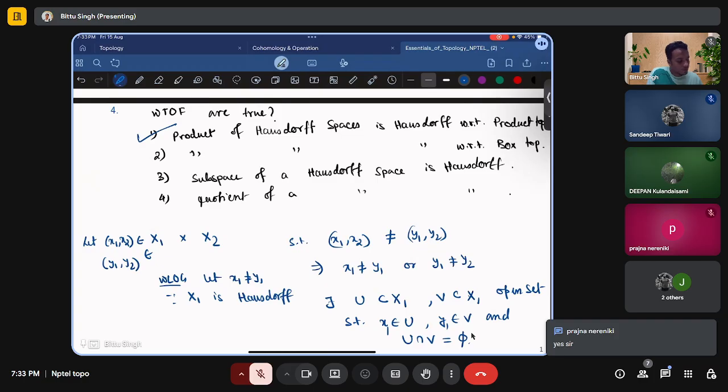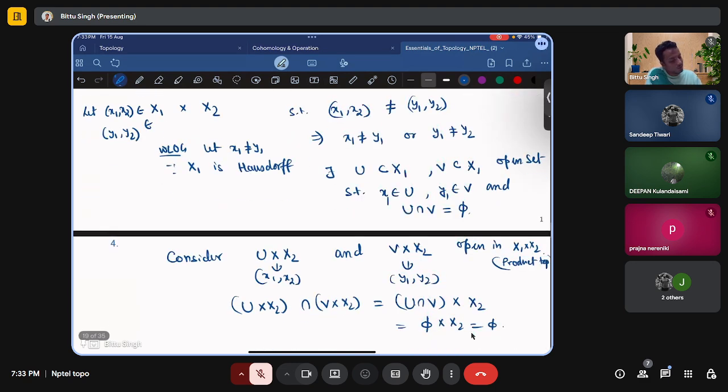Good. Now what about the product of Hausdorff spaces? The first one was with respect to the product topology. Now what about with respect to the box topology?